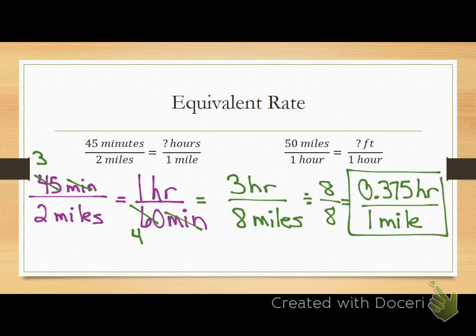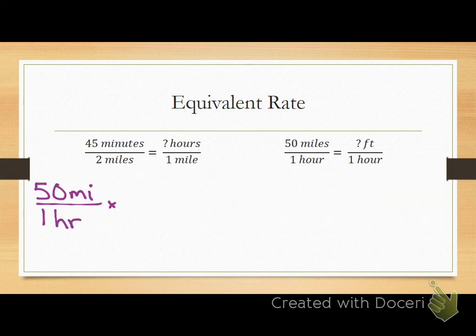Okay, now I want you to solve this last one completely on your own. 50 miles in 1 hour equals how many feet in 1 hour? Okay, so we start with the initial ratio of 50 miles over 1 hour, and we multiply that. Okay, so we know we're going miles to feet. That's our conversion. So now our question is, how many feet are in a mile? 5,280.